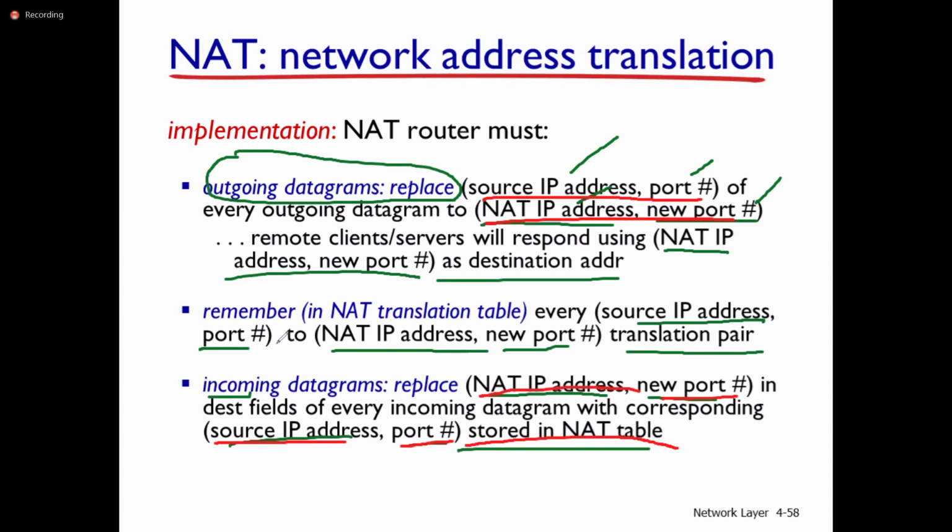Reverse operation. But one more thing is that it has to maintain the translation pairs, the source IP address and NAT IP address pair, and the port number and new port number pair, in the NAT translation table.